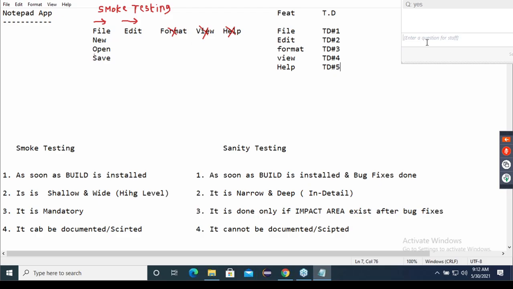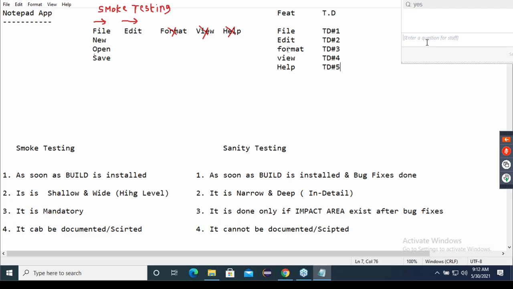Are you writing test documents after testing? Imagine once the build is ready, we are busy testing, not writing test documents. At least we write the test documents before testing only, guys. Yes or no? Yes. Now tell me, for everything I've written one test document.